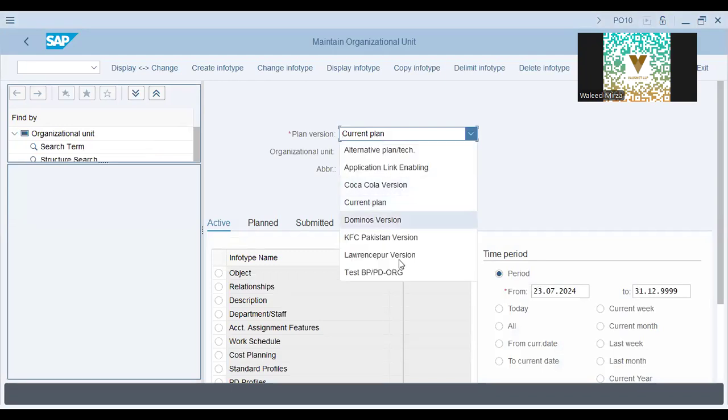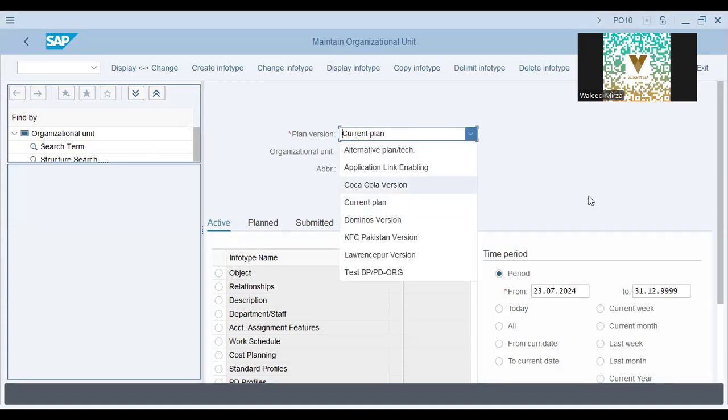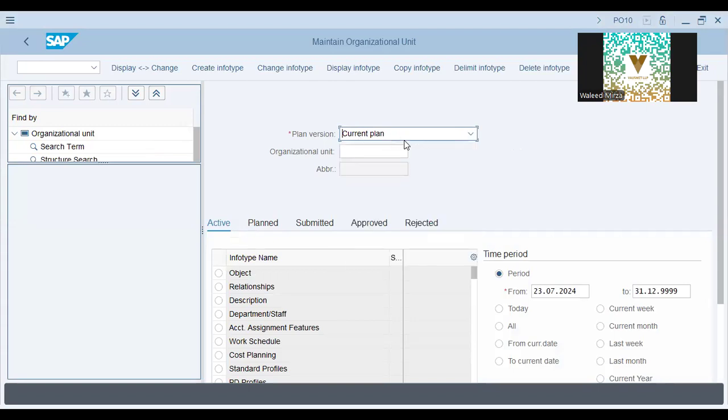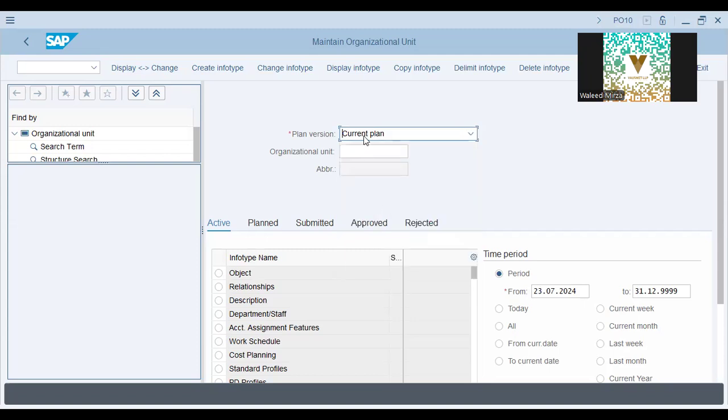Now, what is this current plan? KFC, Pakistan, Lawrenceburg. What are these? This is the version on which we will base our configuration. Since we are configuring High Noon, this plan would be called the High Noon plan. But since this is a shared server, we cannot move away from this one. So we'll keep it current. All of our configuration will be based on this plan.